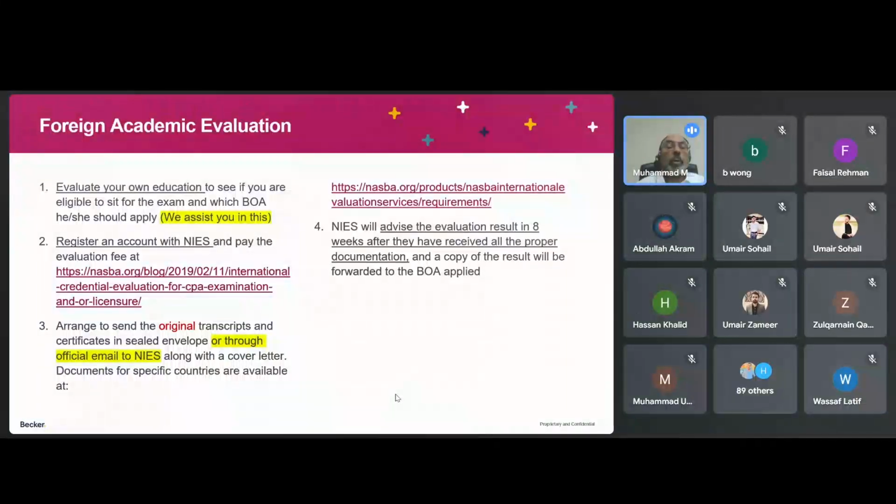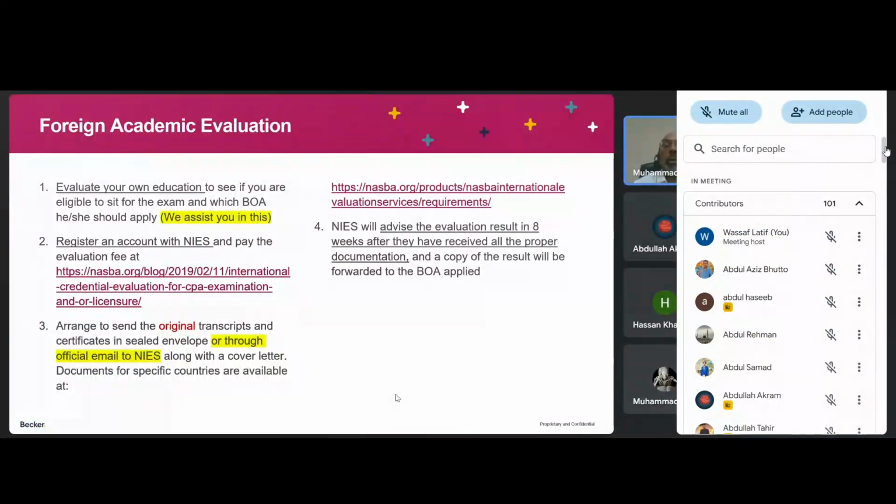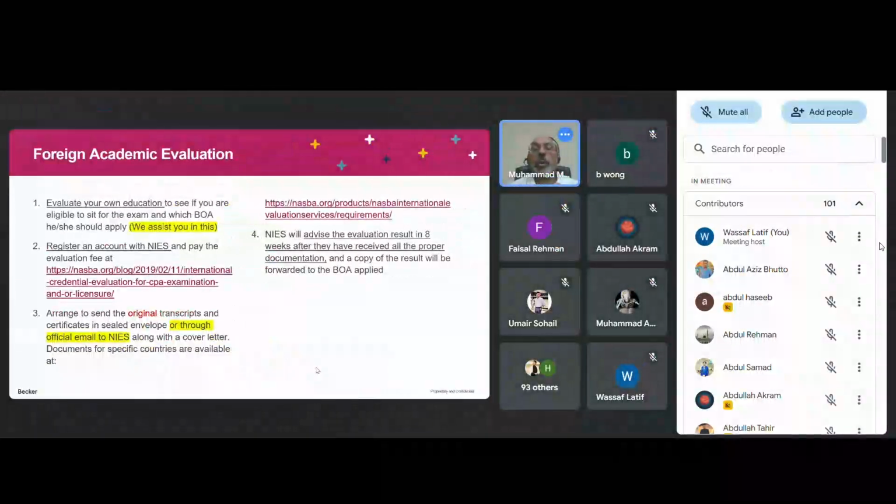It has to be verified by the university, sent in the university's sealed envelope, or by the university through their official email to the NASBA International Evaluation Services. Here we also guide the student how to obtain the verification of their degree, depending on the university from which they got the degree.